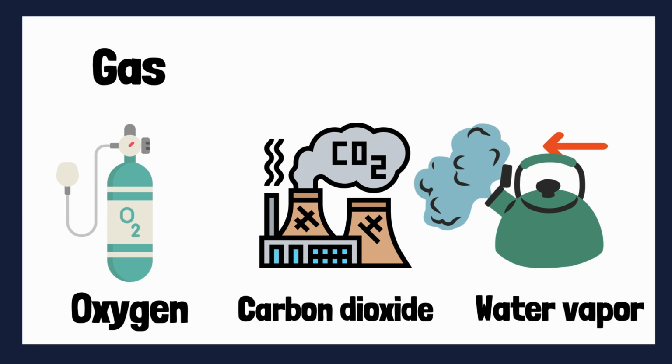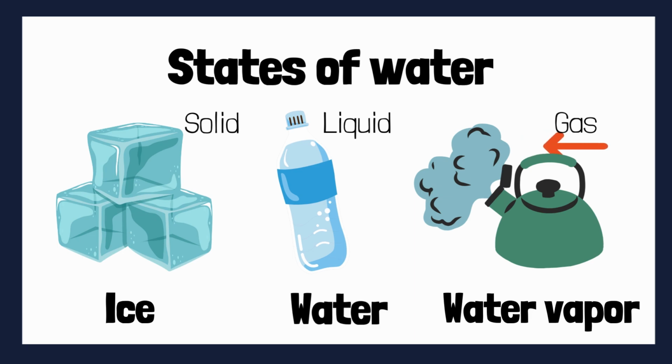And gas, we have many examples like oxygen, carbon dioxide, water vapor. All of these are examples of the gas state. You noticed here that water can be found in the three states of matter, as water may be solid as ice, or in liquid state like water, or in gas state like water vapor or steam.